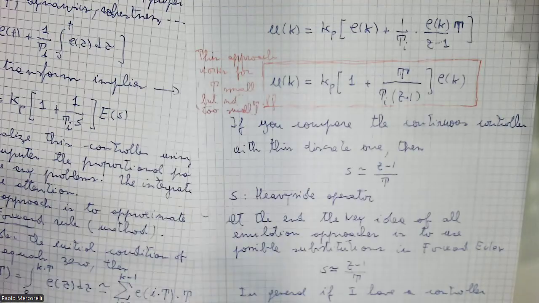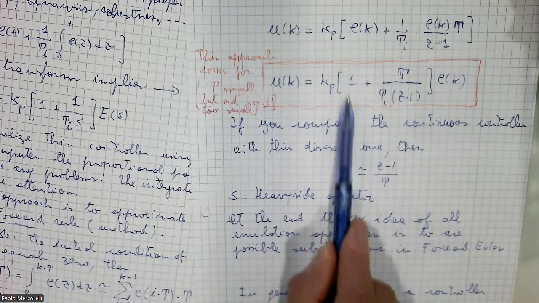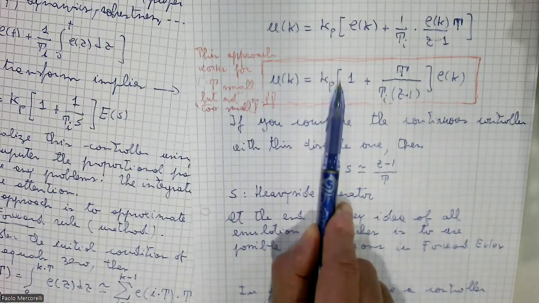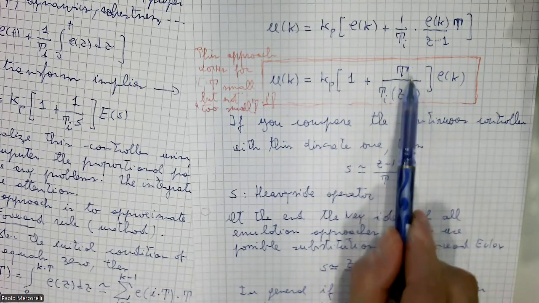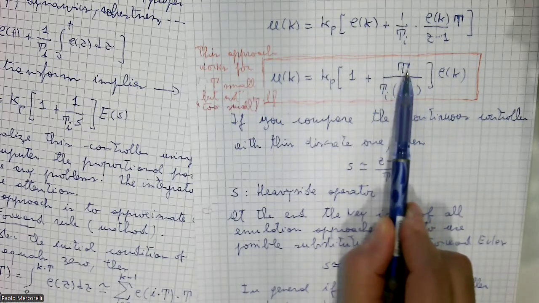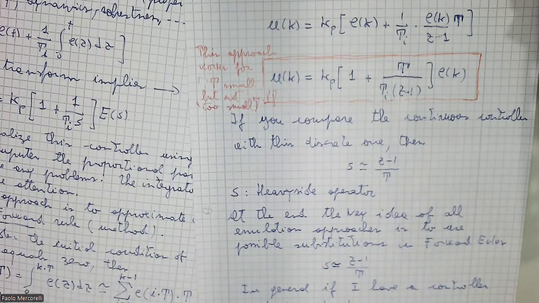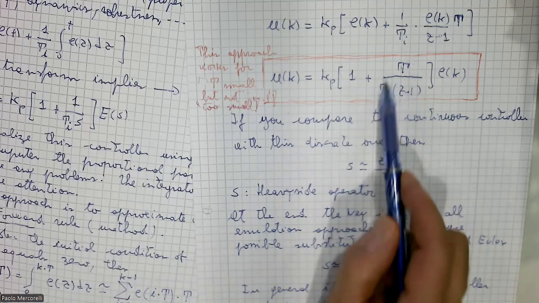If I use a very small sample time, my original PI collapses into a P. This could not necessarily work, because if I certify that my best controller is a PI, and now I consider T very small, I collapse into just one P. This means it could be that it doesn't work. It could be that the controllability now is not as I wanted. I don't know if this is clear.